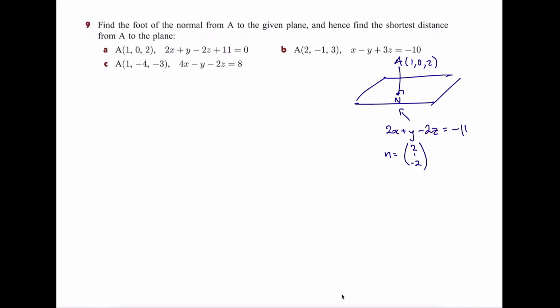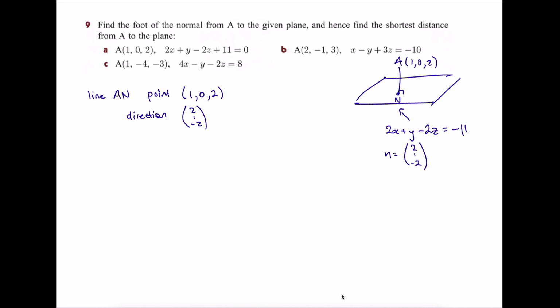Okay, so we want to find the coordinates of N. What we can do is we can write for the line A to N the parametric equations because we know a point. The point is the point A, which is 1, 0, 2, and we know the direction vector is 2, 1, minus 2.